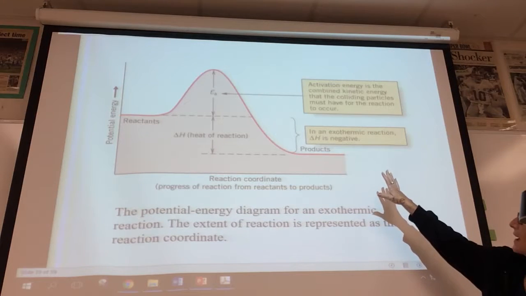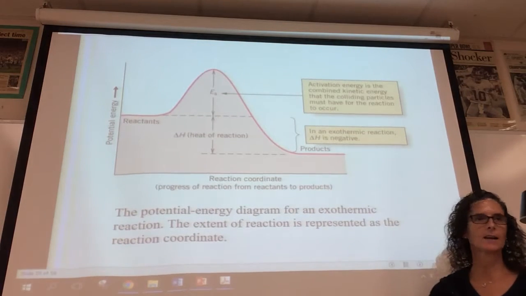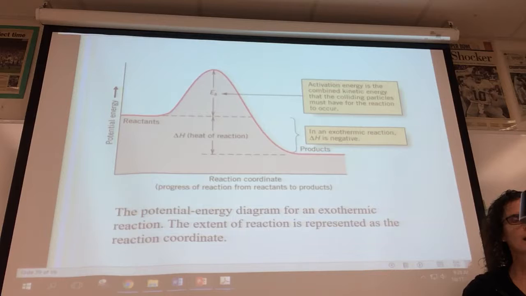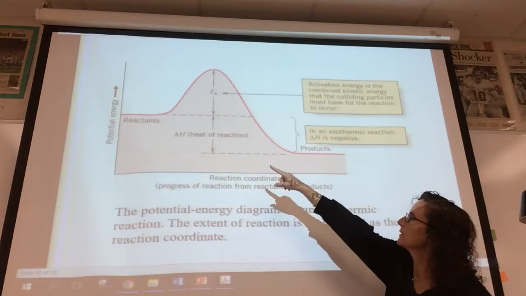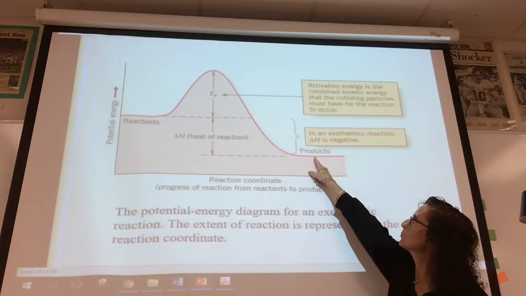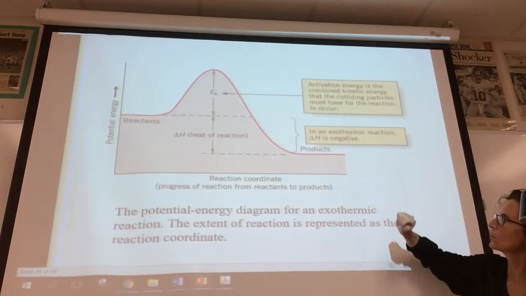This reaction is actually exothermic. When product energy is less than that of reactant energy, the reaction is exothermic. Exo as in exiting, releasing energy. So this value here would be less than that, and you subtract products minus reactants, so you'd get negative, exothermic.